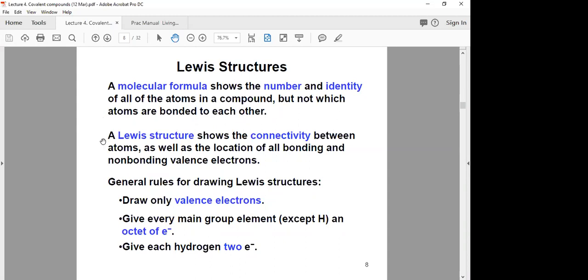A Lewis structure, as we've just seen, shows how those atoms are connected to each other, as well as the location of all the bonding and non-bonding valence electrons. General rules for drawing Lewis structures: draw only the valence electrons, give every main group element, except of course the hydrogen, an octet of electrons, and give each hydrogen only a maximum of 2 electrons.